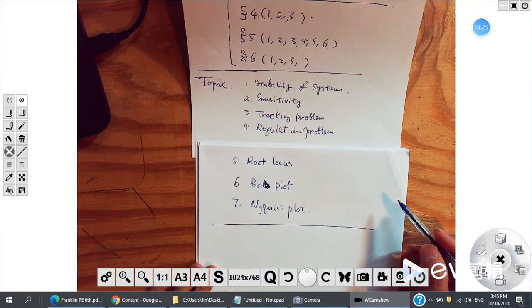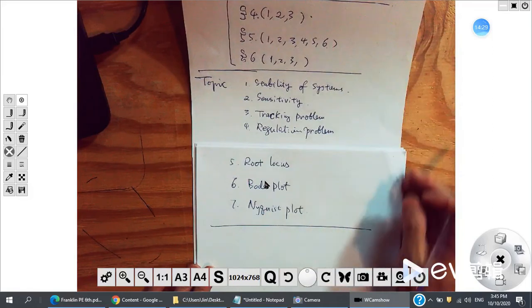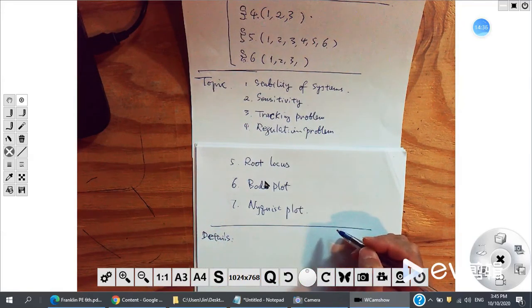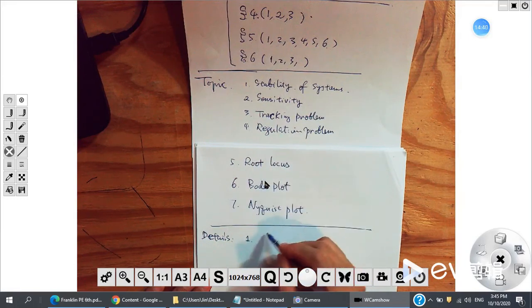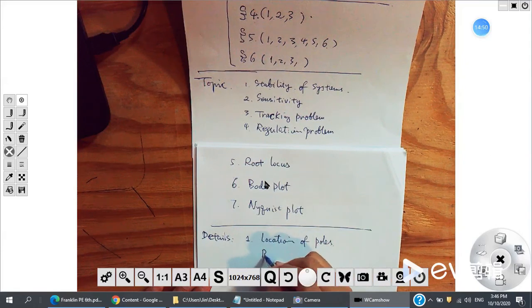And for details, let me see. For stability, we have two things. One is the location of poles. One is the Routh table method. Right.